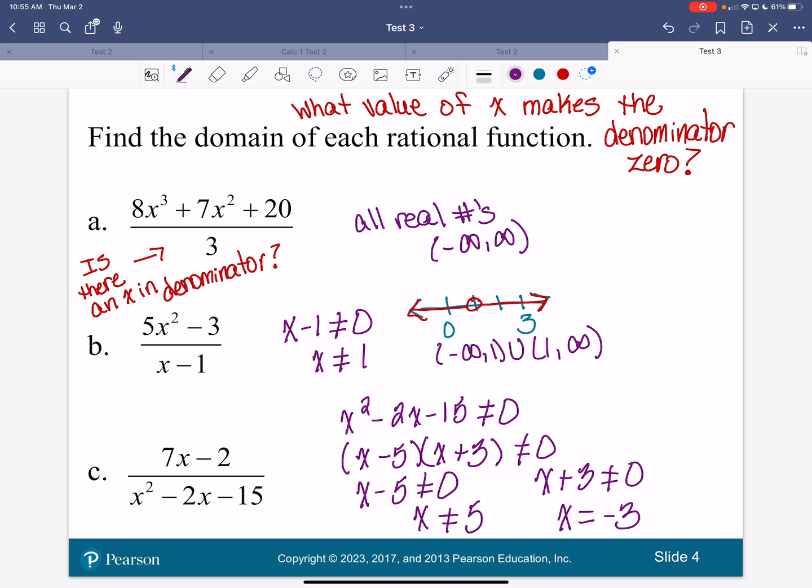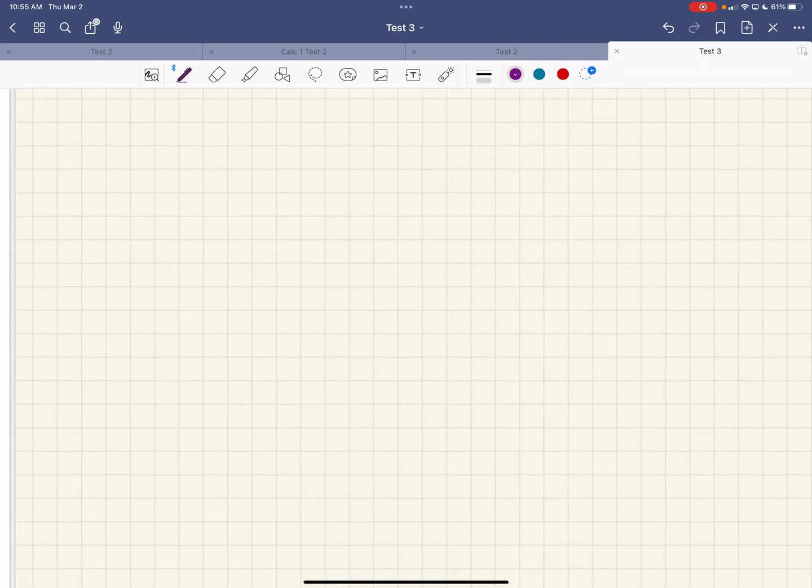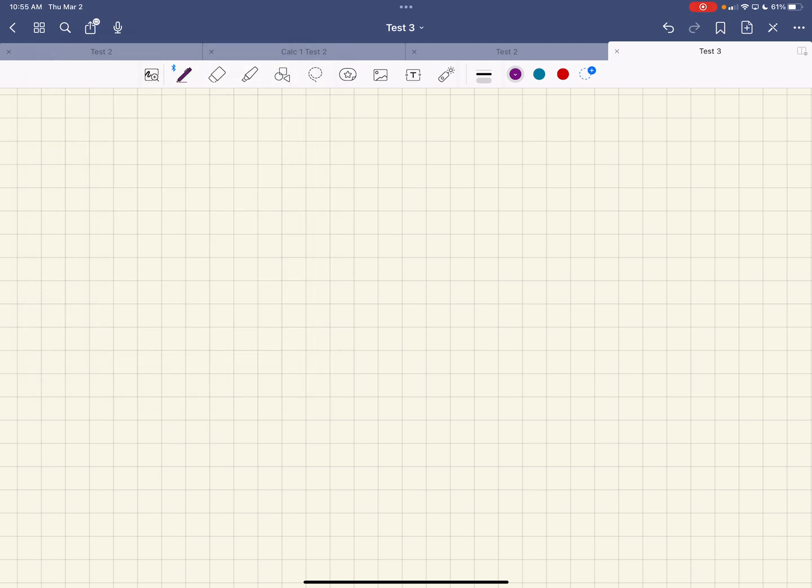Now, I'm going to draw a number line just to give us a visual on this. Okay, so it's so important that we understand what we're talking about here, so I'm going to do this on the next page. Okay, so we know that x cannot be 5 and x cannot be negative 3.